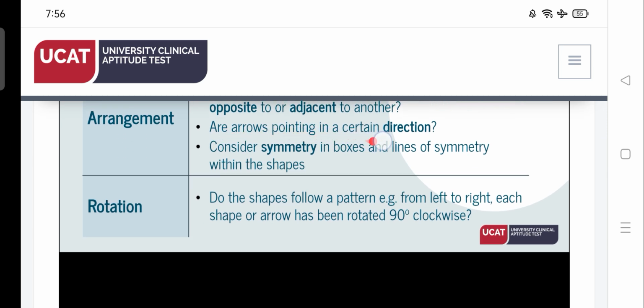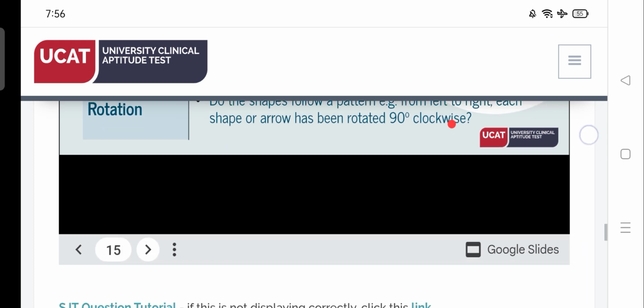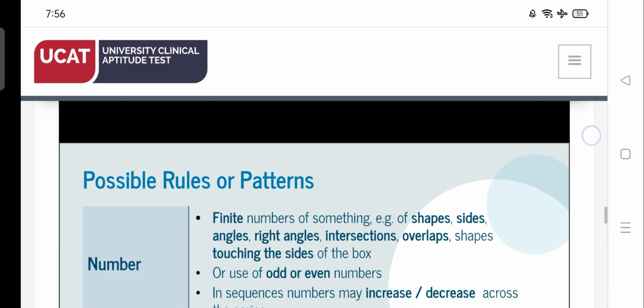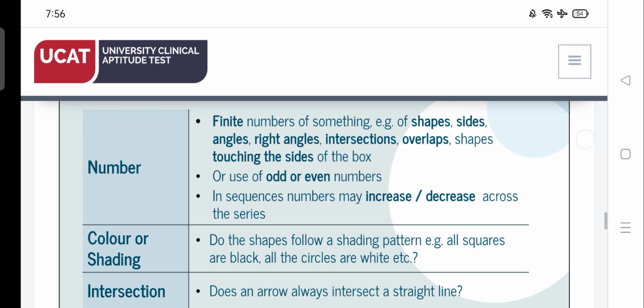Are arrows pointing in a certain direction? Consider symmetry in boxes and lines of symmetry within the shapes. Rotation: do the shapes follow a pattern? Example, from left to right, each shape or arrow has been rotated 90 degrees clockwise. Number: a finite number of something.